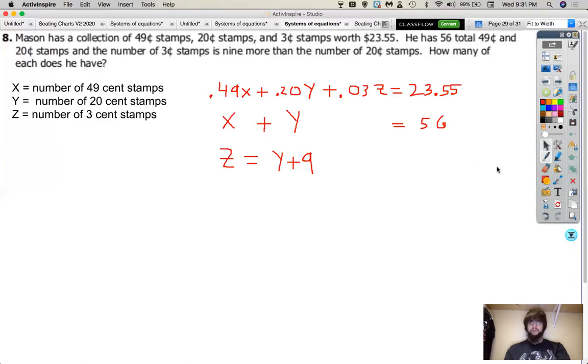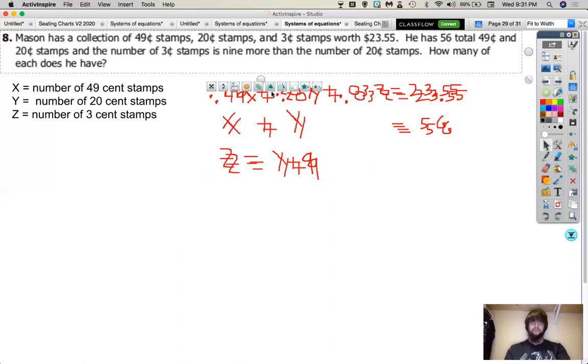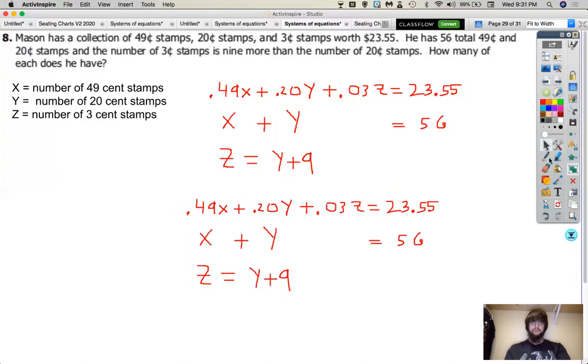Okay, so I'm gonna copy and paste this because I'm gonna need most of it. This one's in the right order, but this one is not. So I'm gonna rewrite that. What am I gonna do? I'm gonna subtract Y from both sides. Minus Y, minus Y. I've got no X's, so I'm gonna skip some space.